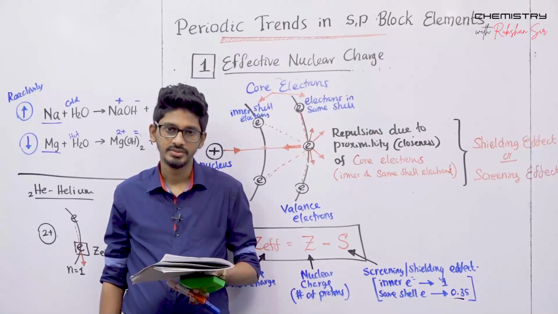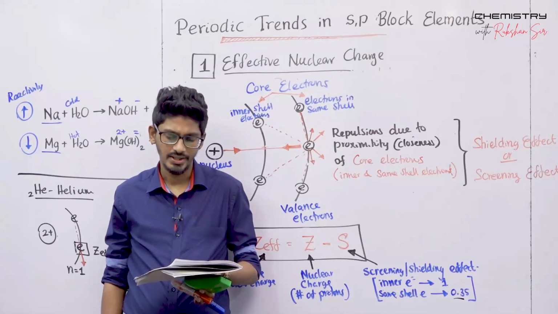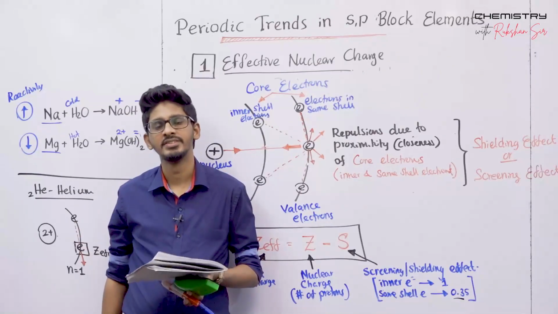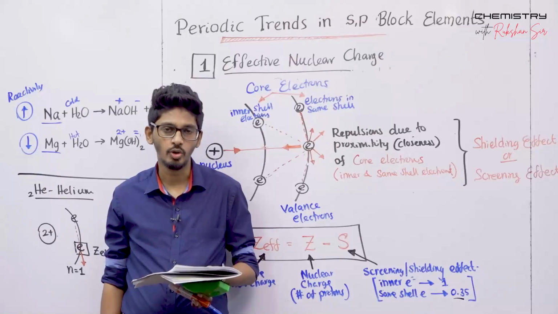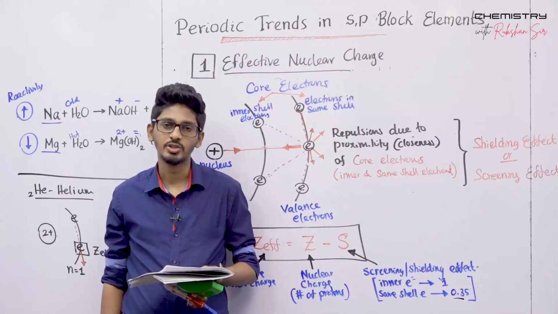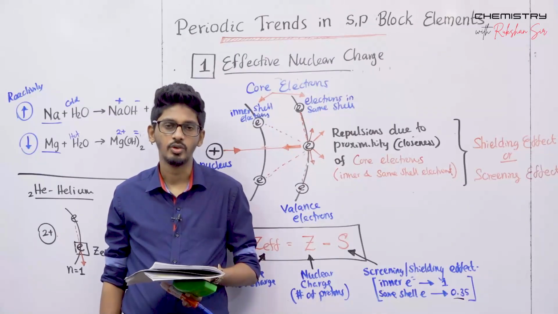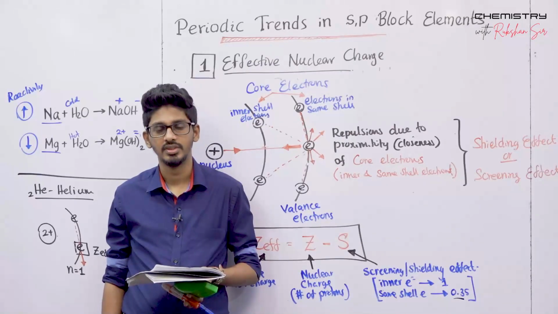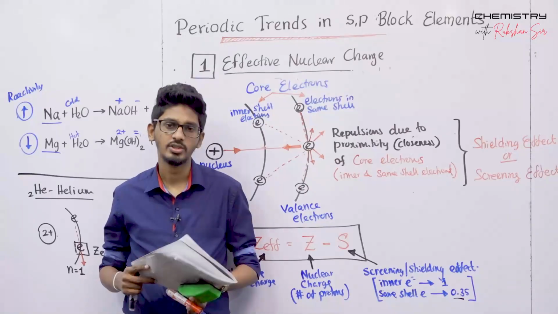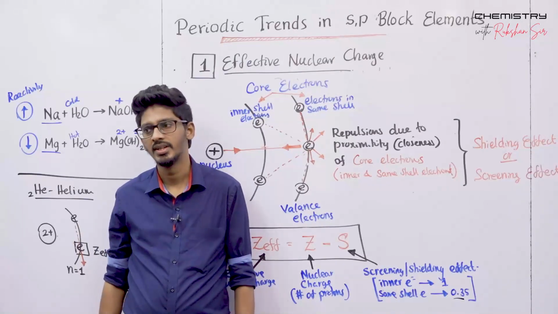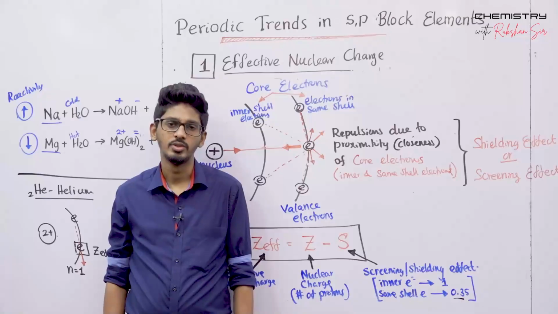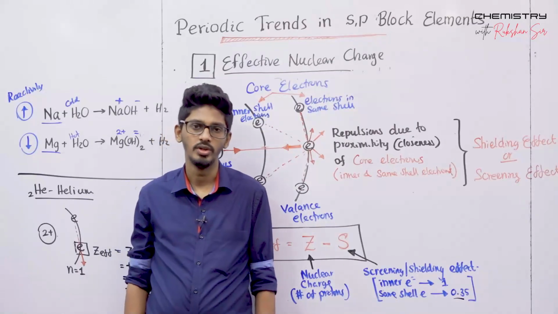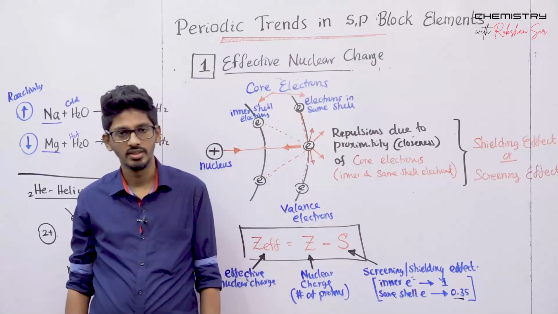Come to the normal color and write: is always less than the actual nuclear charge.